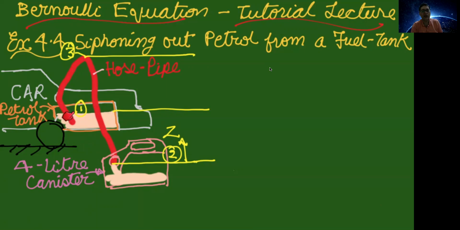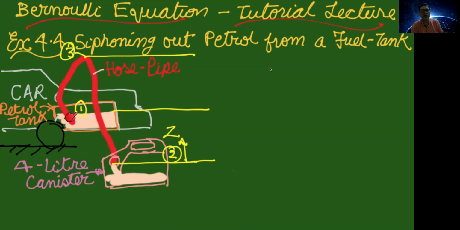For the velocity, we are making an assumption that the petrol tank is large enough and the volumetric flow rate is small enough that when the flow starts, the rate of decrease of the level of petrol inside the tank, which gives you the velocity at point 1, is negligible.